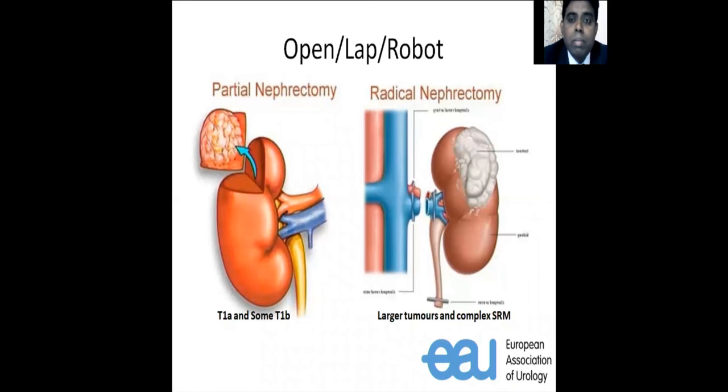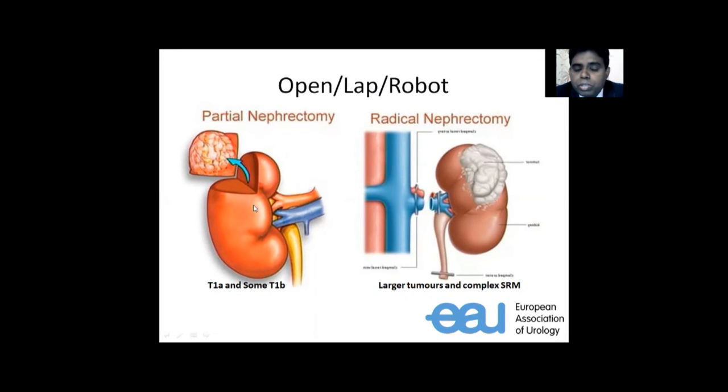If you take the surgical management of renal cancer, we have two main options. One is partial nephrectomy, where we remove the cancer and leave a lot of nephrons with the patient. In radical nephrectomy, we remove the kidney with the cancer and with a lot of normal nephrons. Partial nephrectomy is indicated for T1A and some T1B, where the tumors are larger in size, and rarely for T2 tumors.